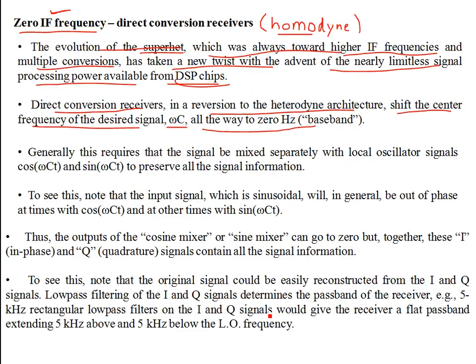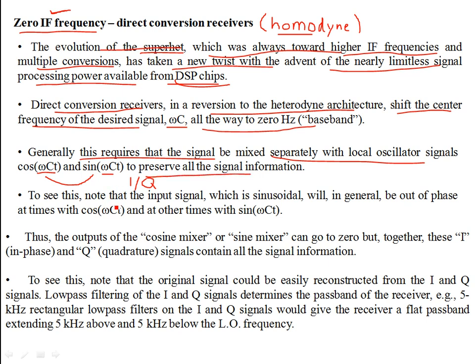Now, generally, as described before, this requires the signal to be mixed separately with local oscillator signals of the same frequency, omega C. The difference is that here we are using a 90-degree phase offset in order to produce IQ modulation. You will see what IQ means: in phase and quadrature, to preserve all the signal information.